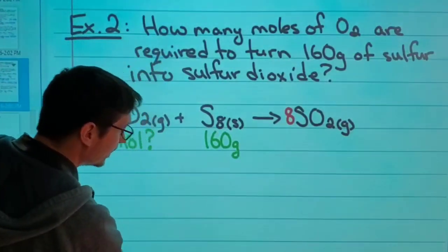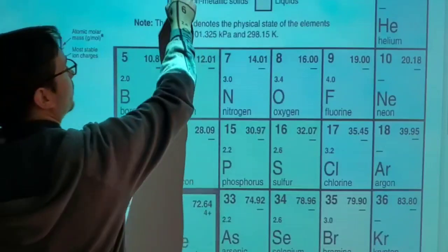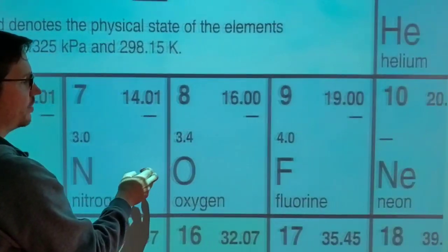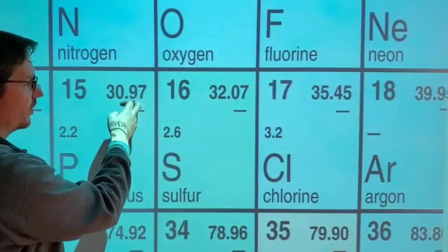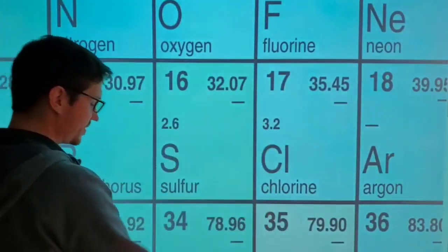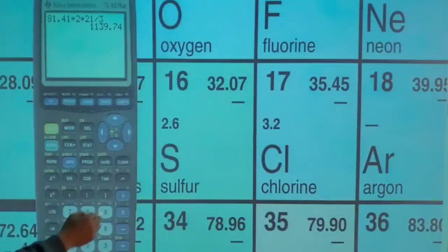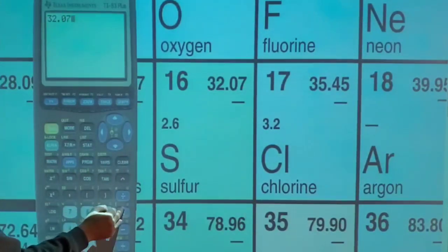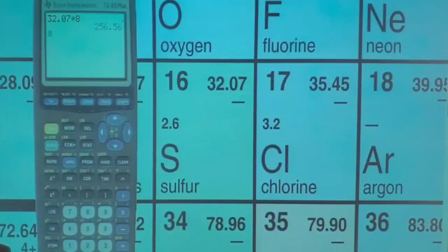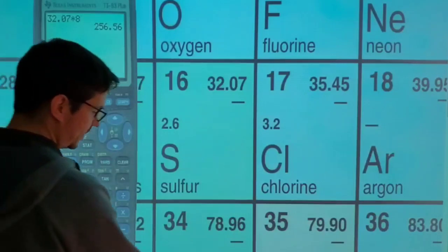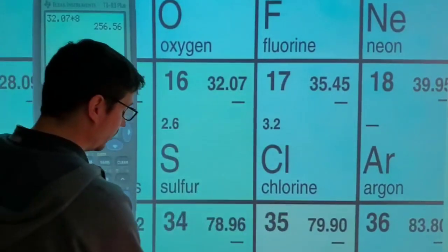Now, we take a look in our data booklet for what the atomic mass of sulfur is, and it's 32.07. I've got 8 of them, right? S8. So 32.07 times 8, 256.56. And it's in grams per mole.